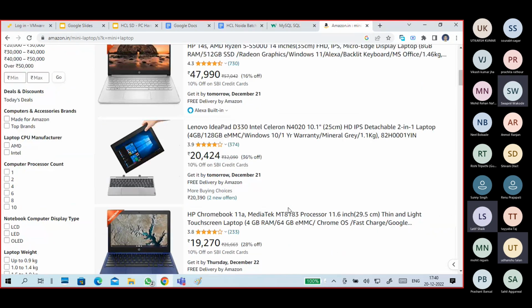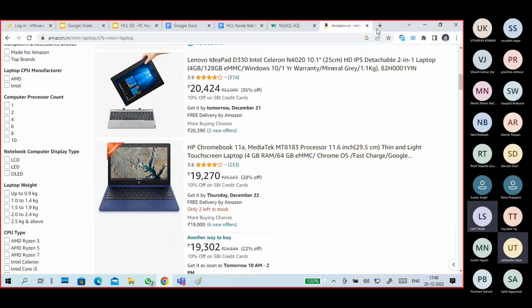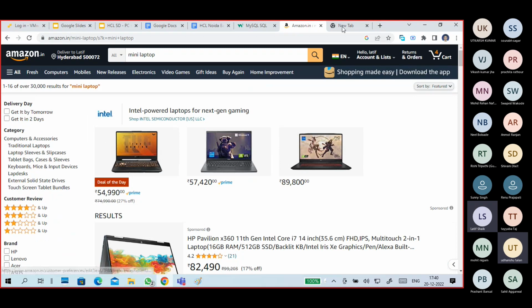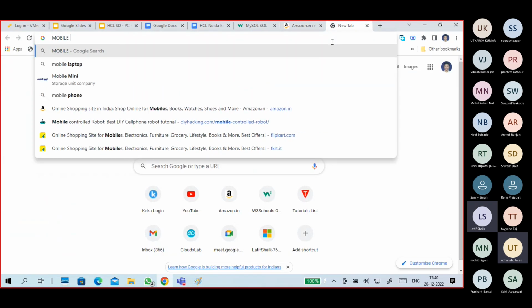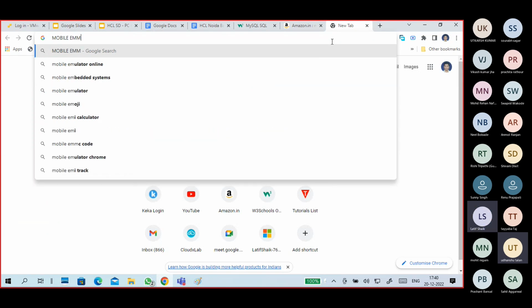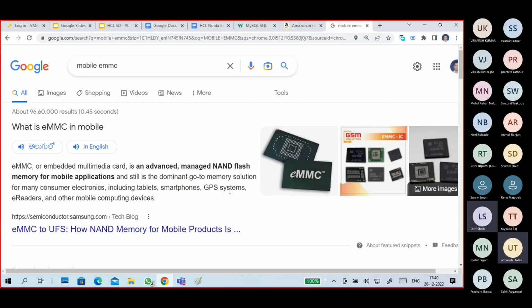What about mobiles? Mobiles also use eMMC. You can go to a mobile phone, mobile tabs, eMMC data only.